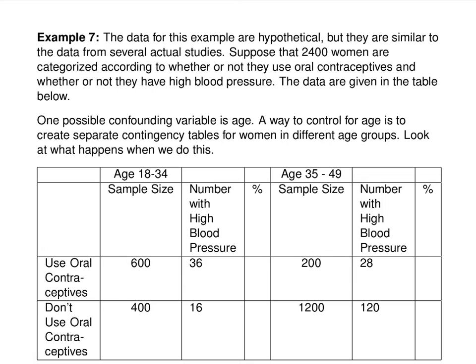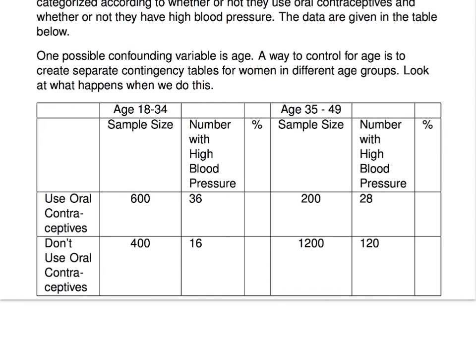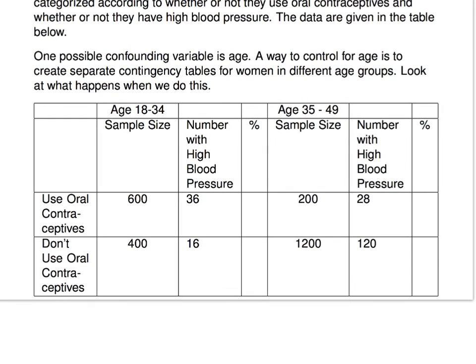A possible confounding variable is age. And a way to control for age is to create separate contingency tables for women in different age groups. So what we did here is separate out the women between the ages of 18 to 34 and 35 to 49. In the using oral contraceptives group, in the younger age group, 36 out of 600, or just 6%, have high blood pressure.